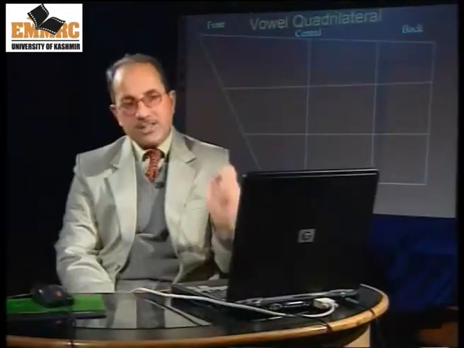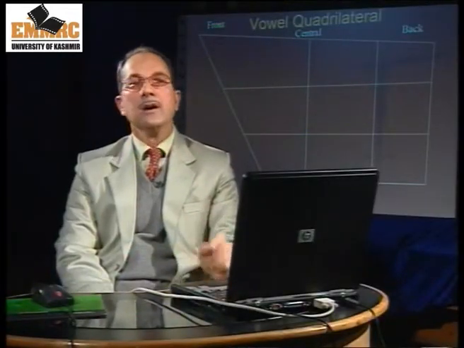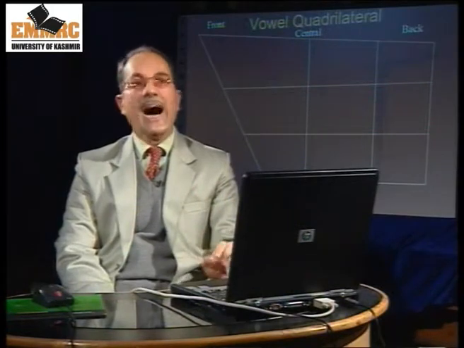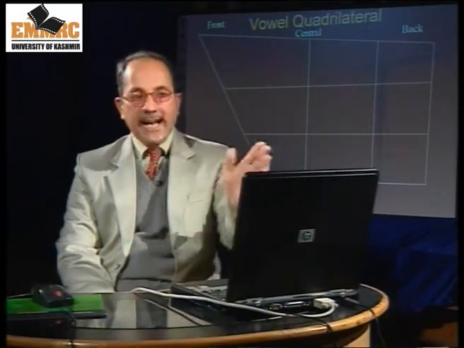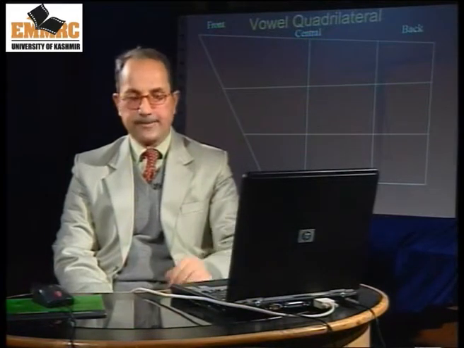And English vowels, short and long, are produced with the tongue position either in the front, in the center, or at the back. Let us look at these vowels one by one. I'll also produce the sounds as they appear on the screen.